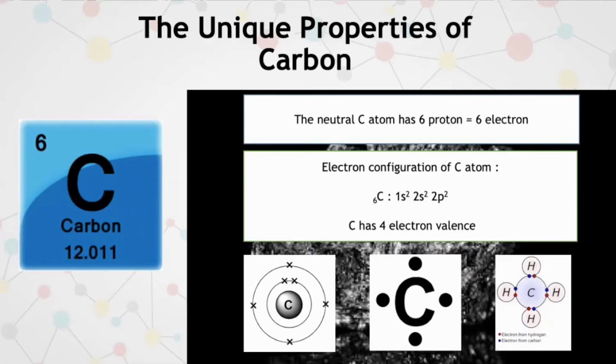And this is the example that C is connected with 4 other atoms. Because C has 4 valence electrons, C can connect with 4 other atoms. For example, CH4.